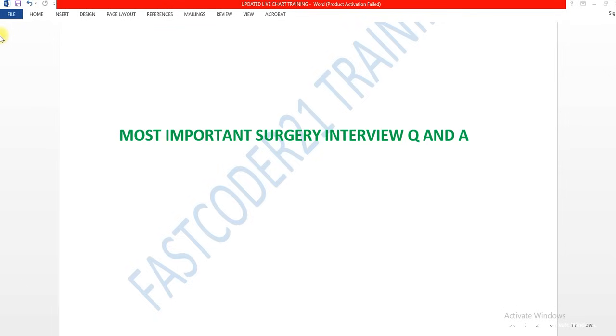In the urinary system, mostly they will not ask anything. So what is cystourethroscopy? Examination of the urethra as well as the bladder. So how do you code if the patient removes multiple stones?